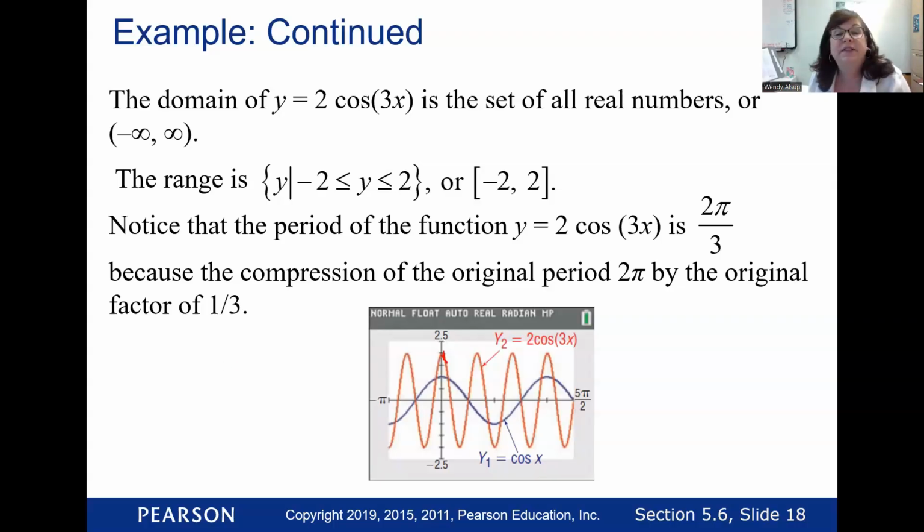Instead of every 2 pi, it's going to repeat every 2 pi over 3. So that's pi over 6, 2 pi over 6, which is pi over 3, 3 pi over 6, which is pi over 2, 4 pi over 6, which is 2 pi over 3.